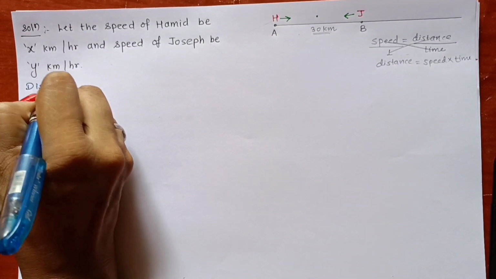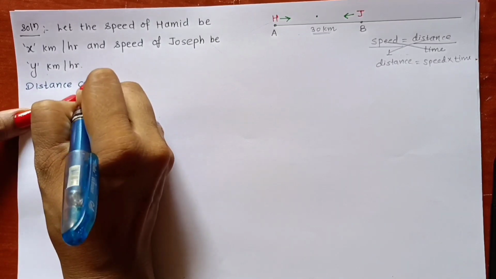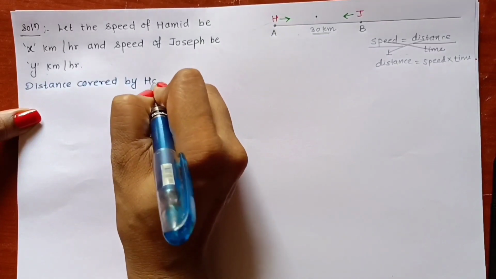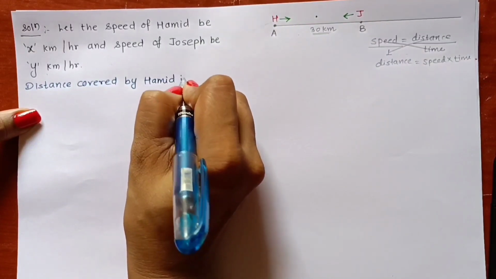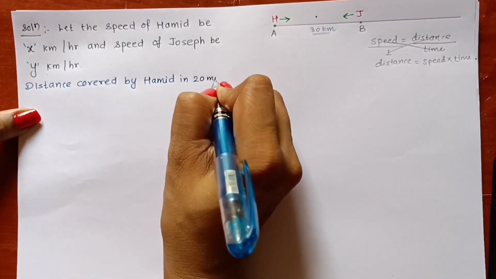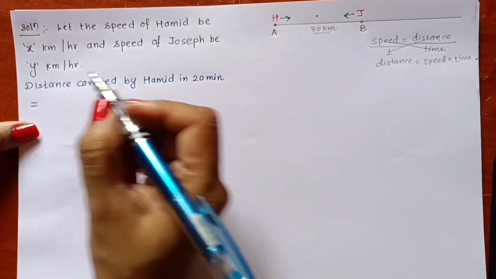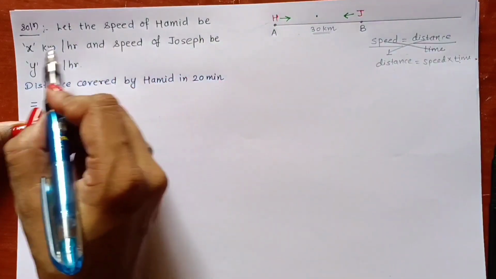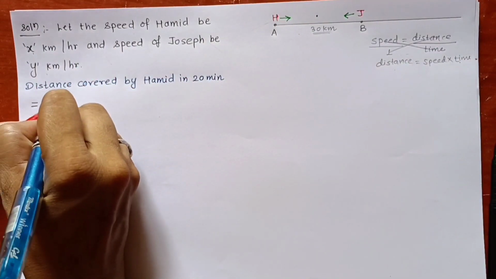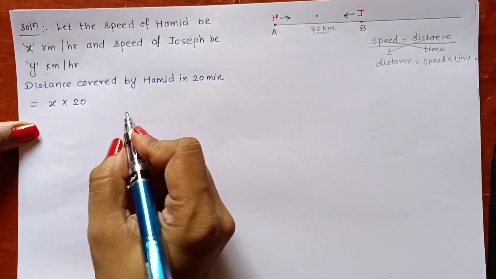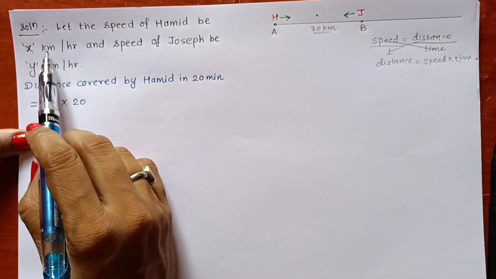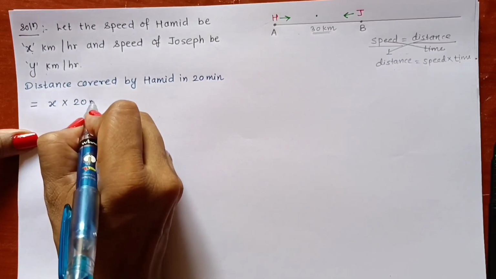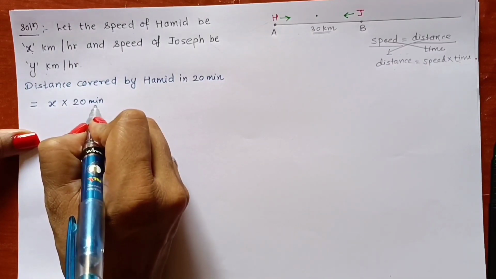Distance covered by Hamid in 20 minutes is equal to, what is the formula? Distance is equal to speed multiplied by time. Speed of Hamid is x, multiplied by time, 20 minutes. But our speed is in kilometer per hour, so we have to convert minutes into hours.